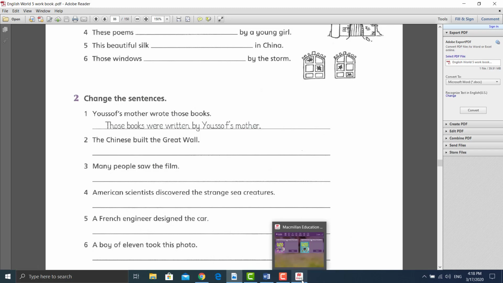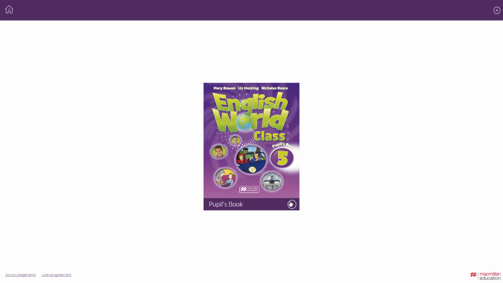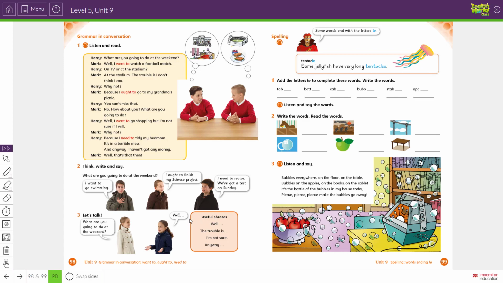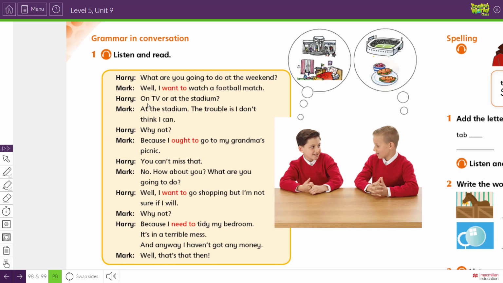Let's go back to the second part of our grammar lesson on page 98. Here we have grammar and conversation. Okay, before we start, I'm going to explain something very important.